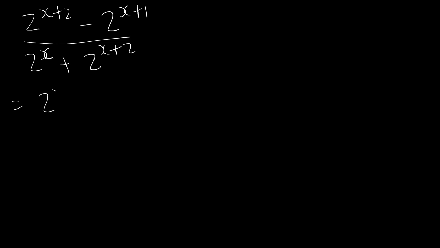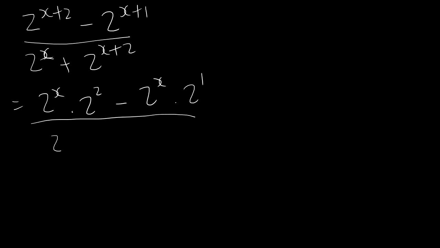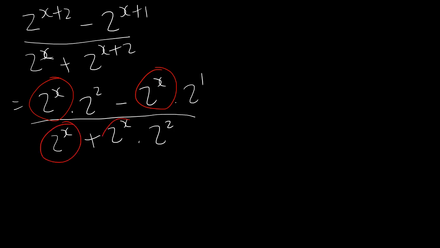We have 2^x times 2^2 minus 2^x times 2^1, all over 2^x plus 2^x times 2^2. So we have the 2^x as common factor. So we have 1, 2, and in the bottom we have 1 and 2.